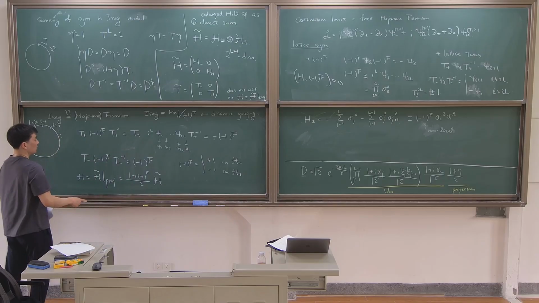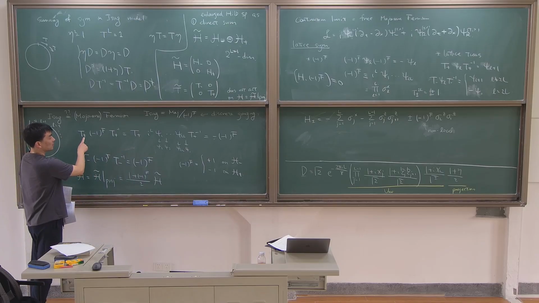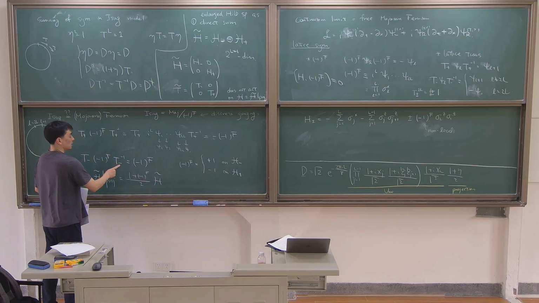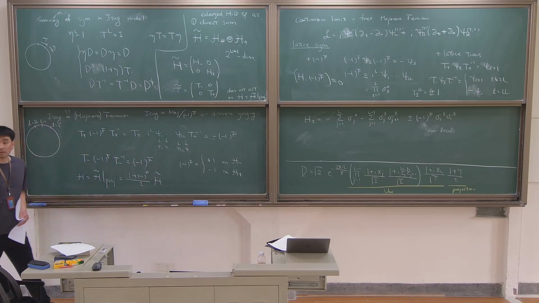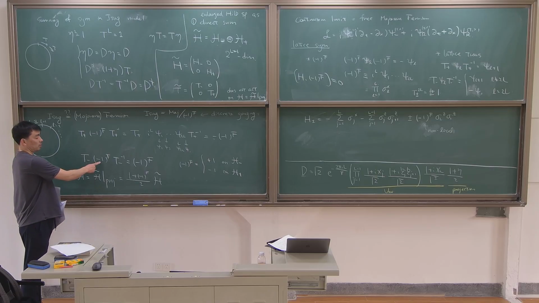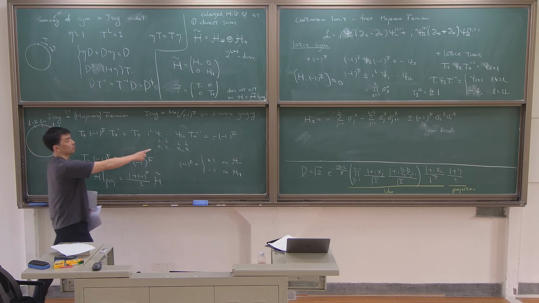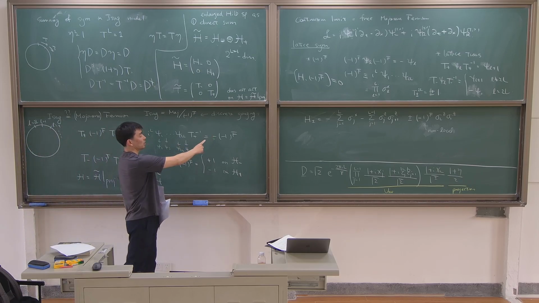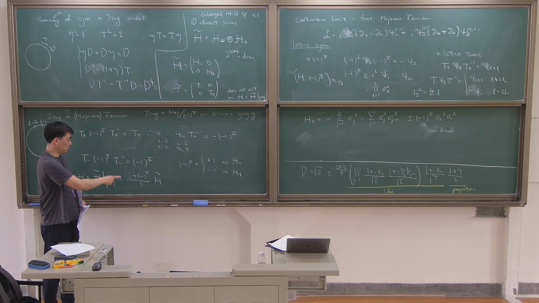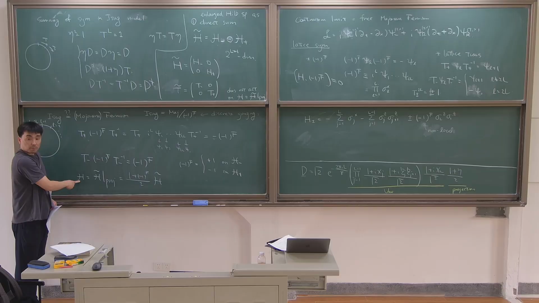Because of this property, for T plus you get the minus sign here, whereas T minus acts on the minus 1 to the F as it is, but on the other hand, T plus acts with a minus sign here. So this T plus is projected out on the projected Hilbert space we are considering.